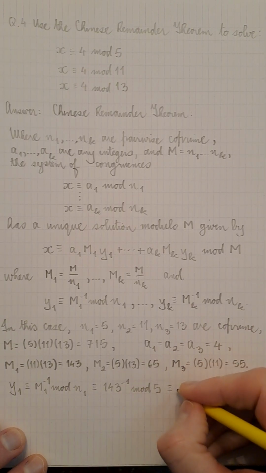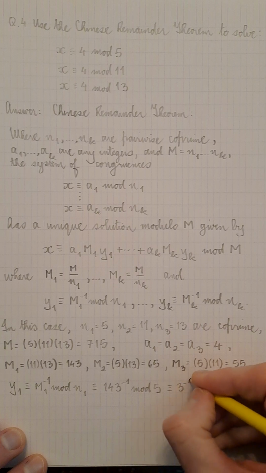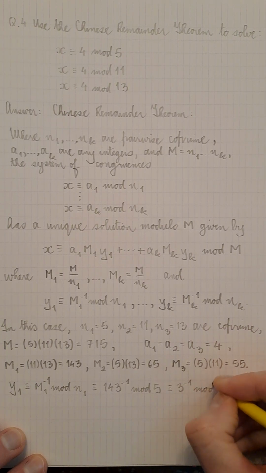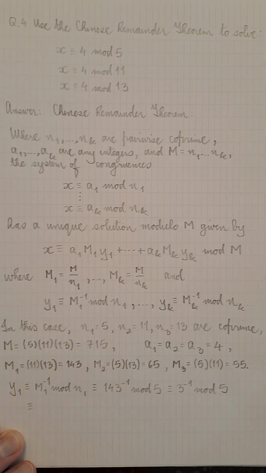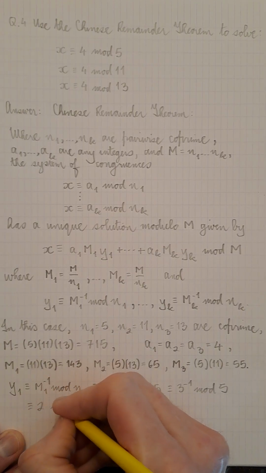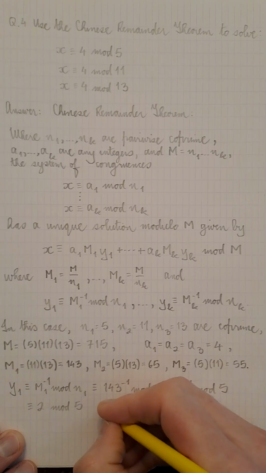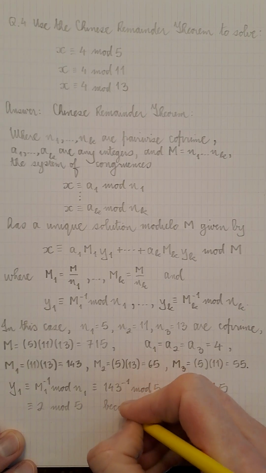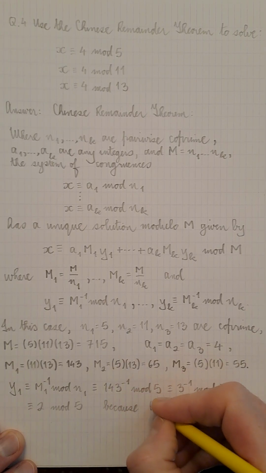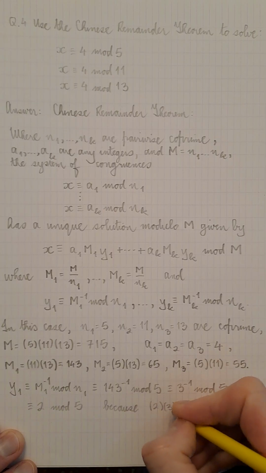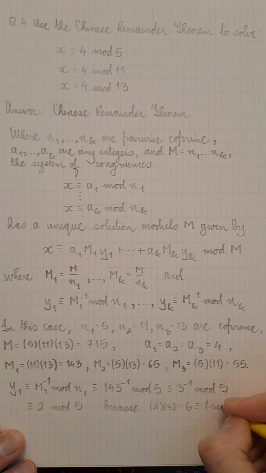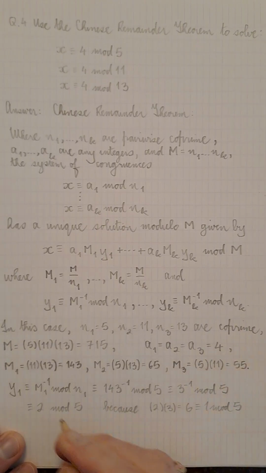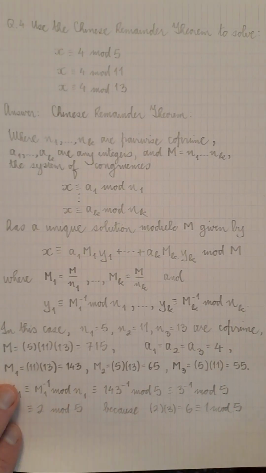So that's congruent to 3 inverse mod 5. And it's not too hard to see that that is congruent to 2 mod 5, because 2 multiplied by 3 equals 6 is congruent to 1 mod 5. So that's one of our y values found, that y1 is equal to 2.